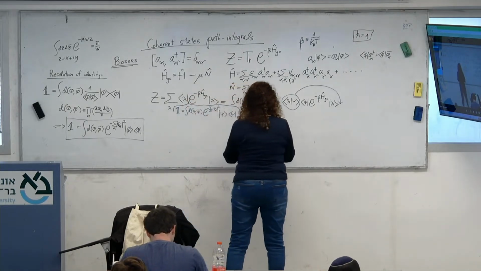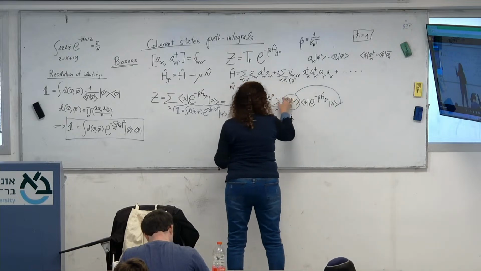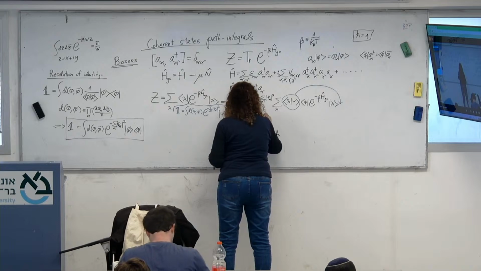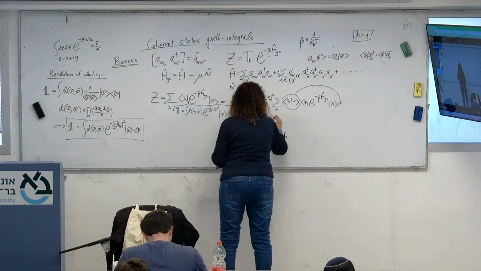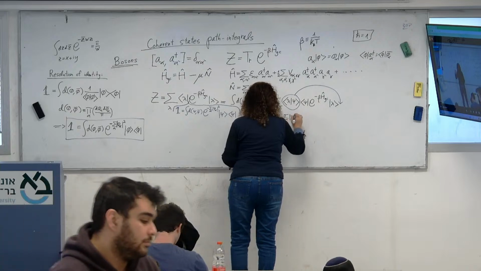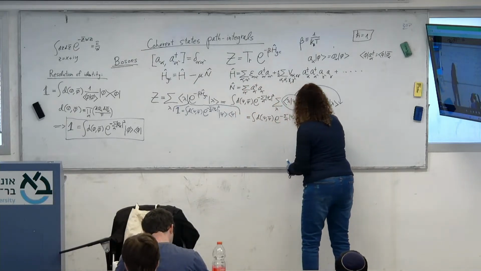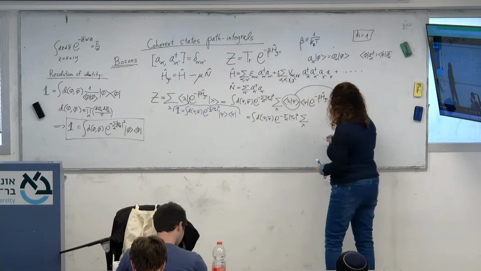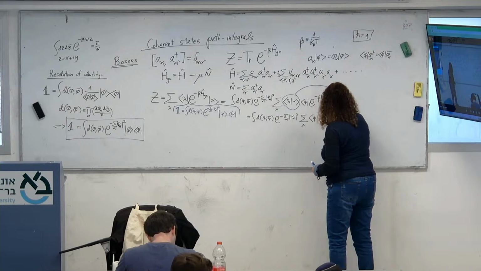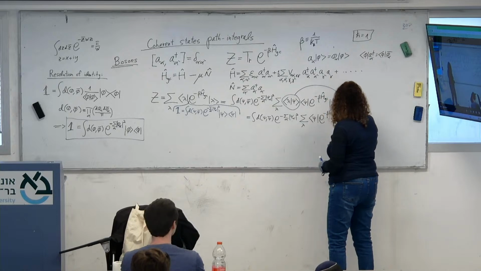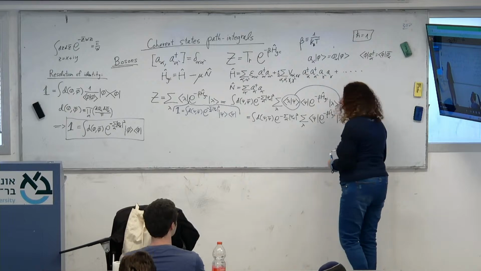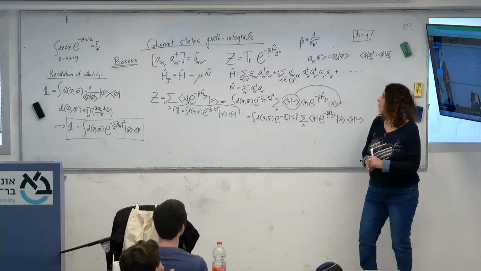Then this whole thing will shift. Let me rewrite it as psi bar e to the minus sum over alpha psi here. And now in the sum over lambda, I will have psi e to the minus beta h sandwiched with lambda, and then lambda. Okay? Great.